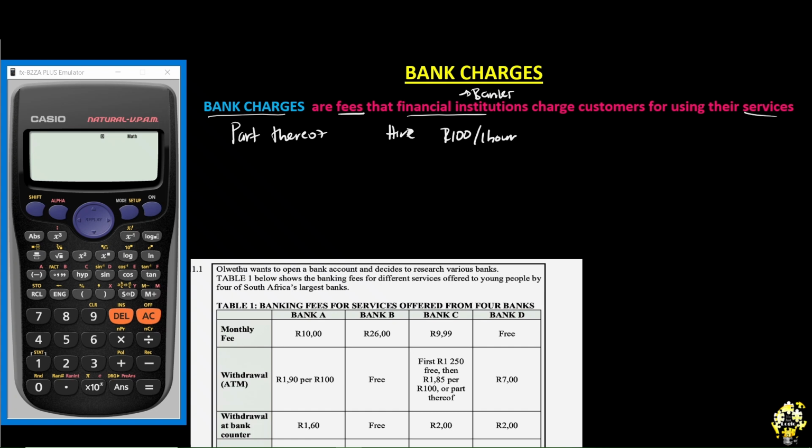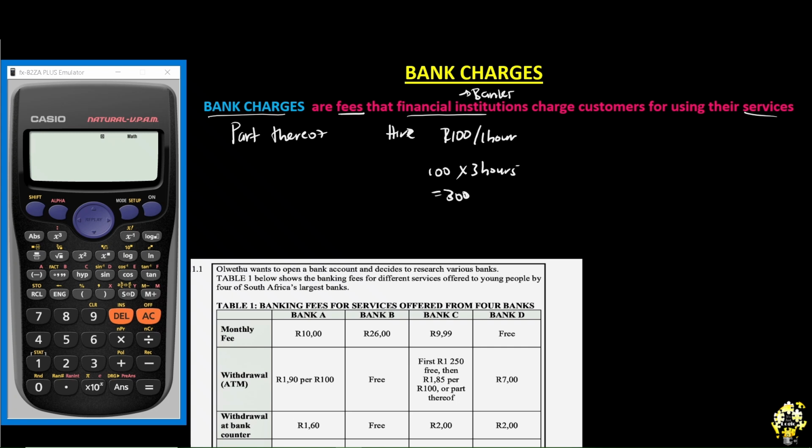If the person does your laundry and finishes after 3 hours, how much are you supposed to pay them? You're supposed to pay them 100 Rand multiplied by 3. Why? Because that's the rate. For every hour, I get 100 Rand. If I work 3 hours, I get 300 Rand. That's simple, straightforward, right?